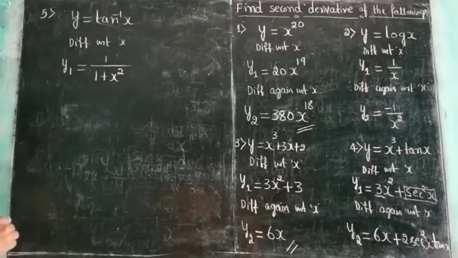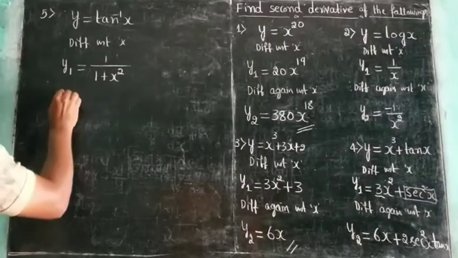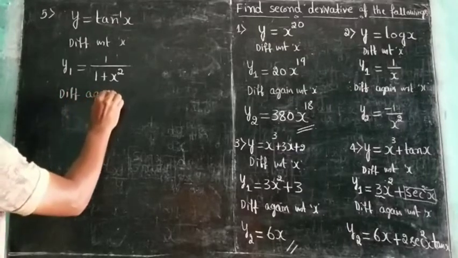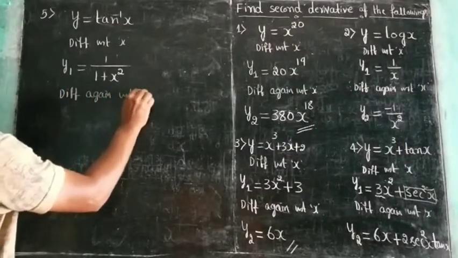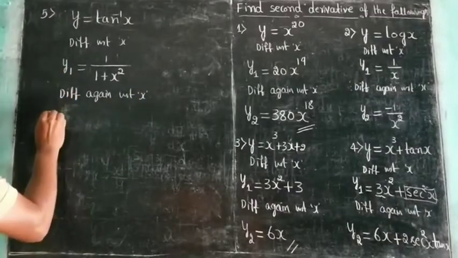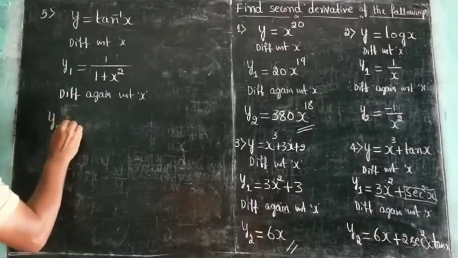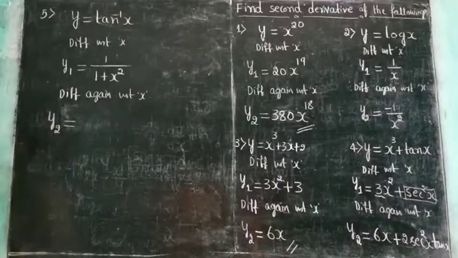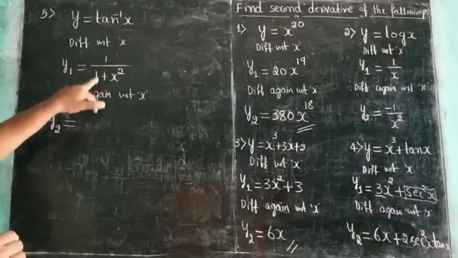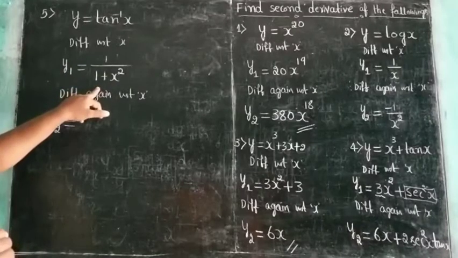And then next, differentiate again with respect to x. The derivative of y1 is y2 is equal to, observe the right hand side carefully because it is of the form u by v.